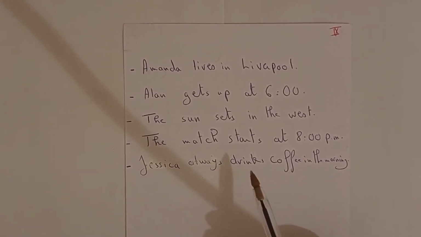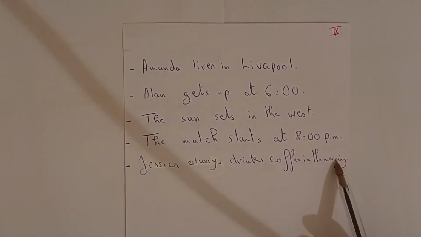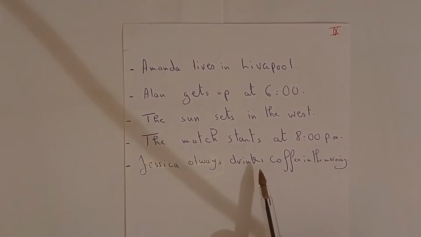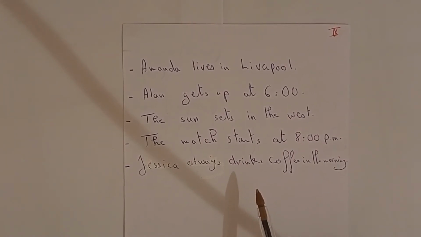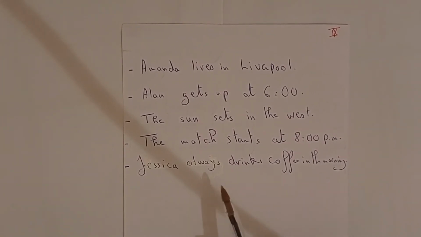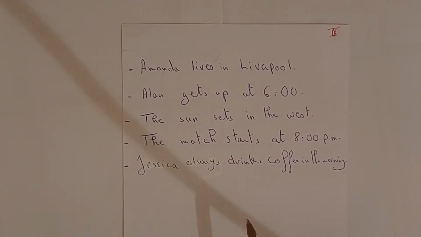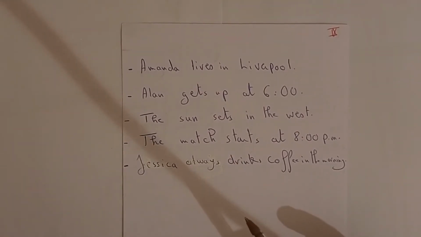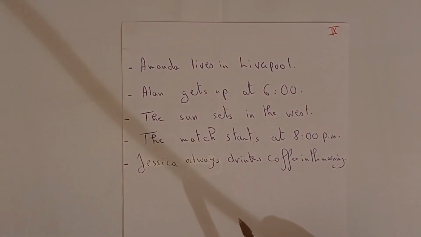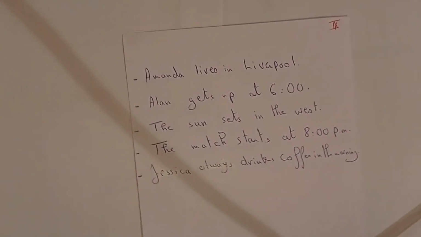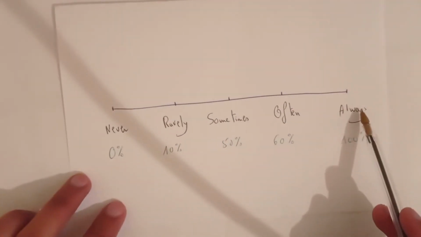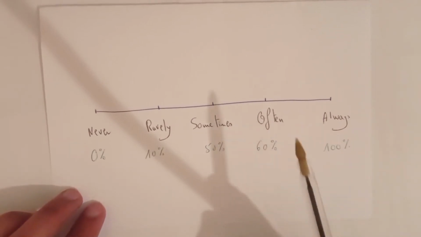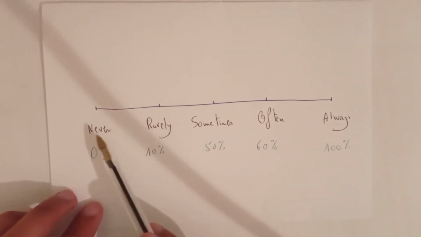Jessica always drinks coffee in the morning. We also use the simple present with adverbs of frequency. Always is an example of an adverb of frequency. Now I want you to look at this. We have always, often, sometimes, rarely, and never.